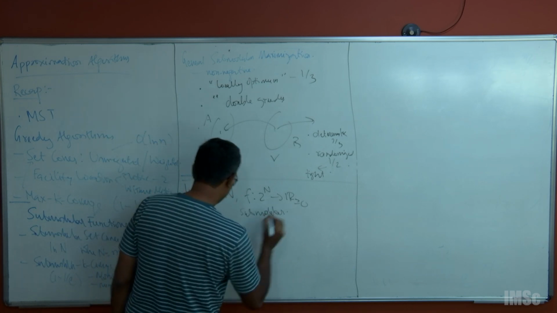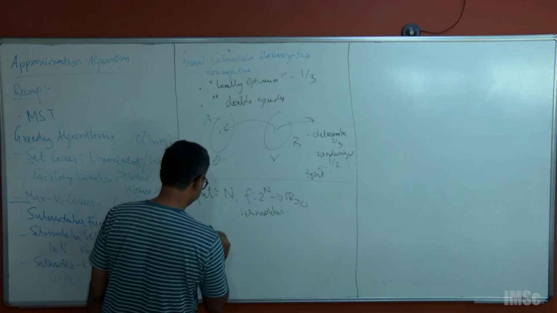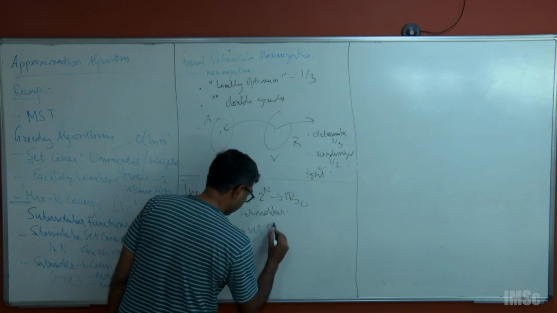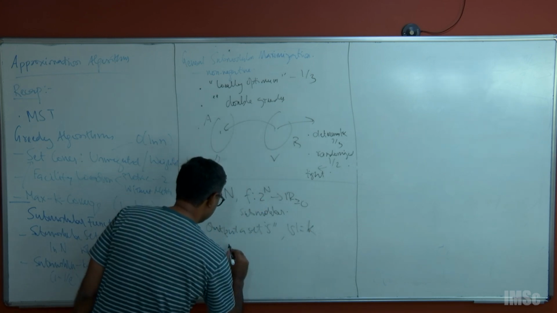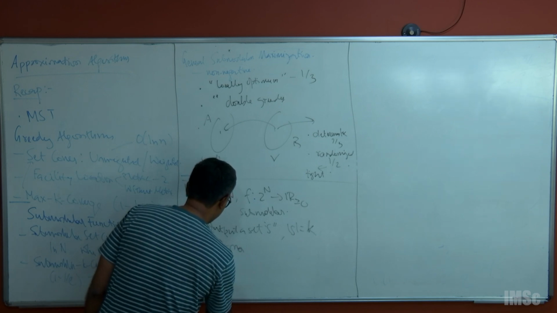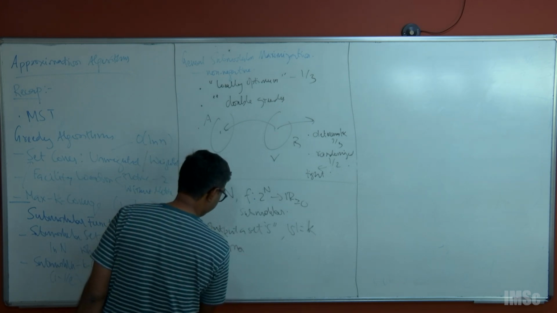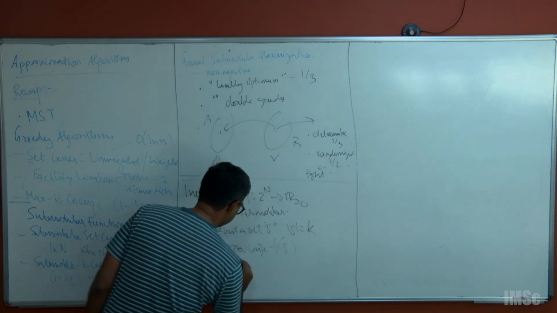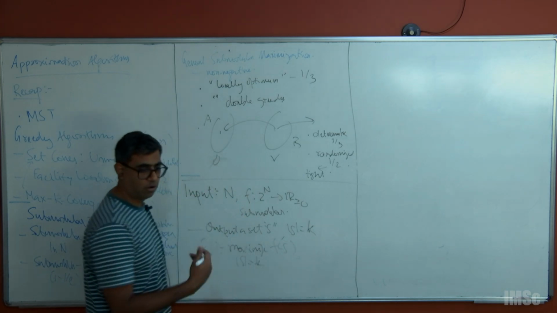There were two kinds of questions we could ask. We could ask to output a set S with size of S equal to k, where you want to maximize f of S over all sets of size k.